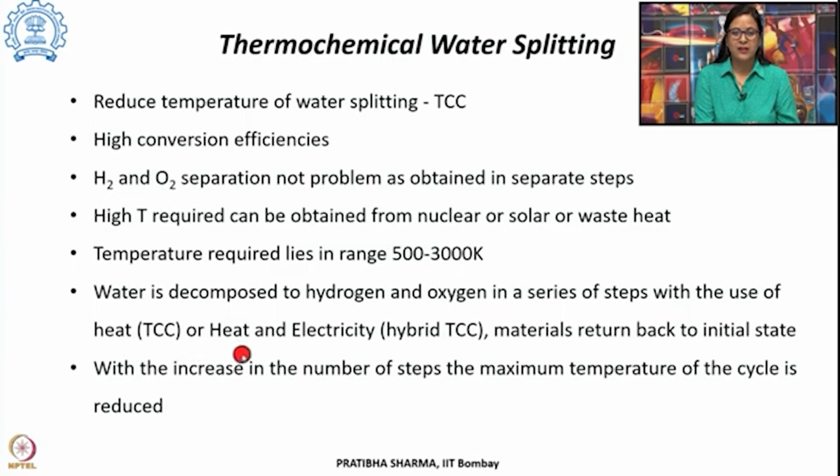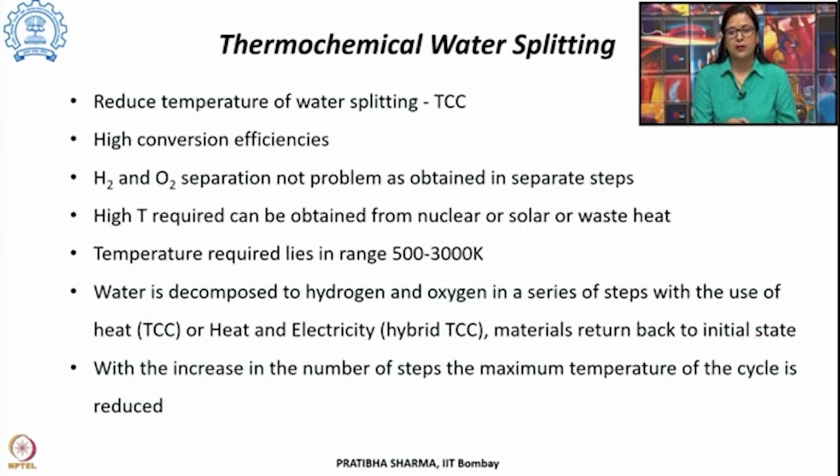If it involves heat and another mode of energy, whether it is electricity or photonic, then it is called a hybrid thermochemical cycle. And in the entire process, the material which is being used comes back to its initial stage, splitting water and evolving hydrogen in the process.